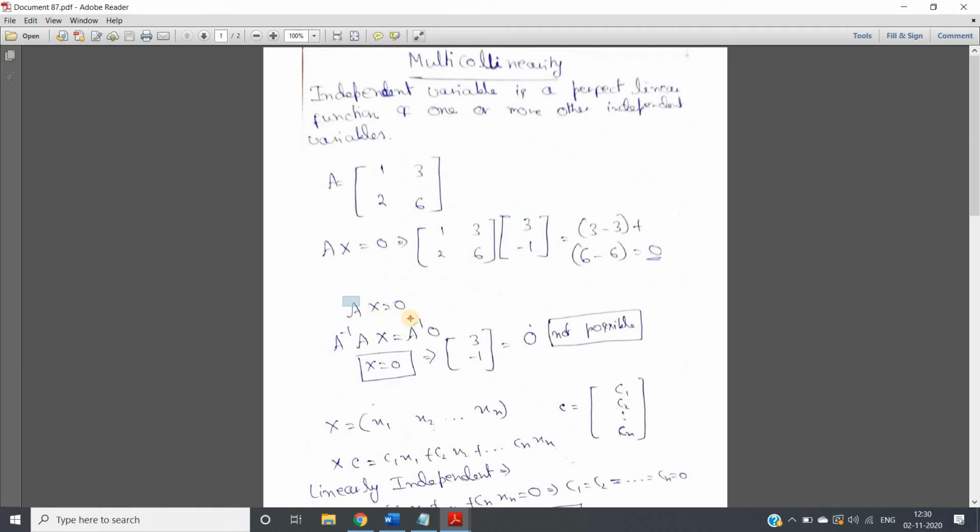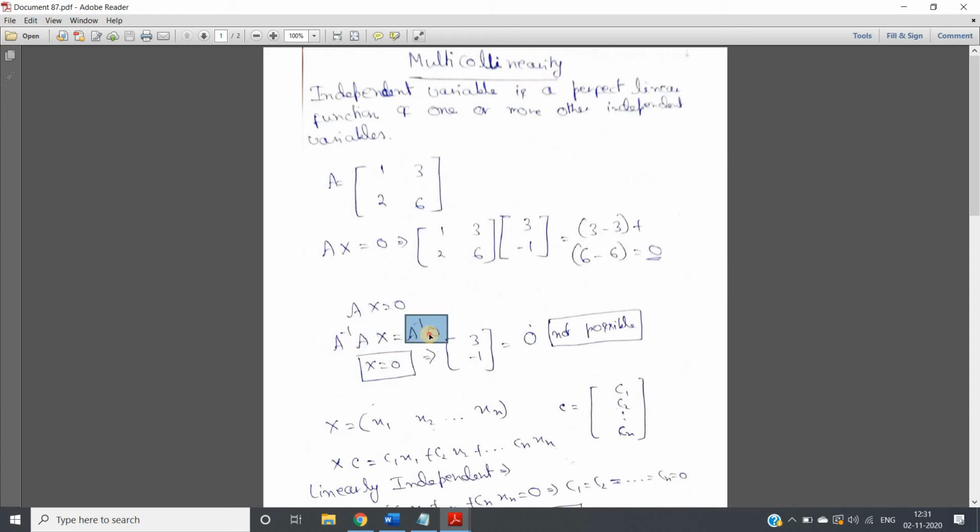If Ax equal to 0 happens for X not equal to 0, then what might happen further? Suppose the inverse exists for this A matrix, and suppose that is A inverse. Now you multiply A inverse on both sides. What will you get? A inverse Ax equal to A inverse 0.